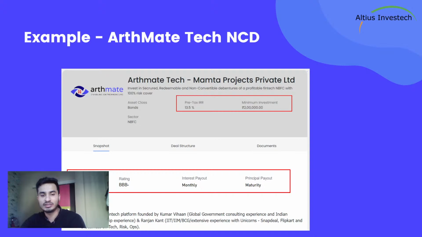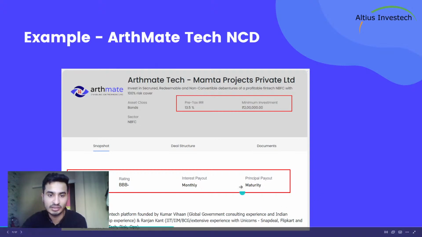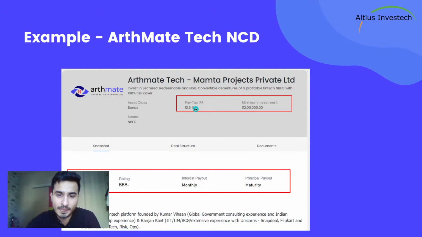Taking an example of this bond, Arthmate, that is already listed with Altius. As you can see, the first thing that you look at would be the return that the bond is giving. This bond is giving an IRR of 13.5%, and the tenure for this bond is 15 months. Then you can also check the rating.